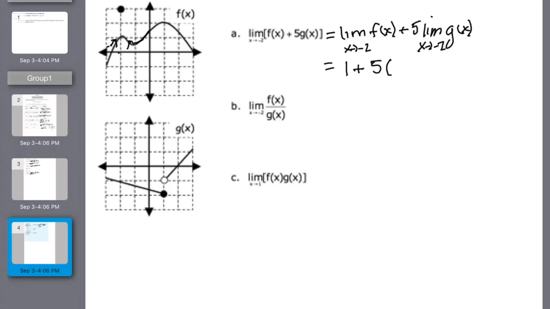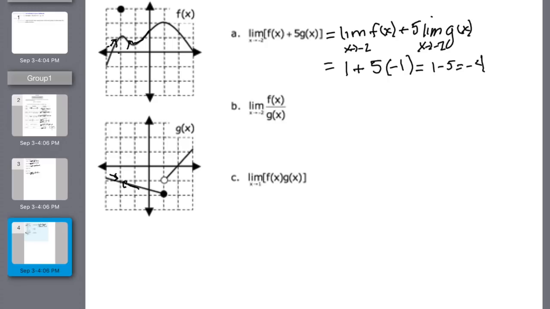So as x approaches -2, right there, our y value is approaching -1. And of course, 1 minus 5 gives us -4. Okay. I'm going to leave B for you to do on your own.